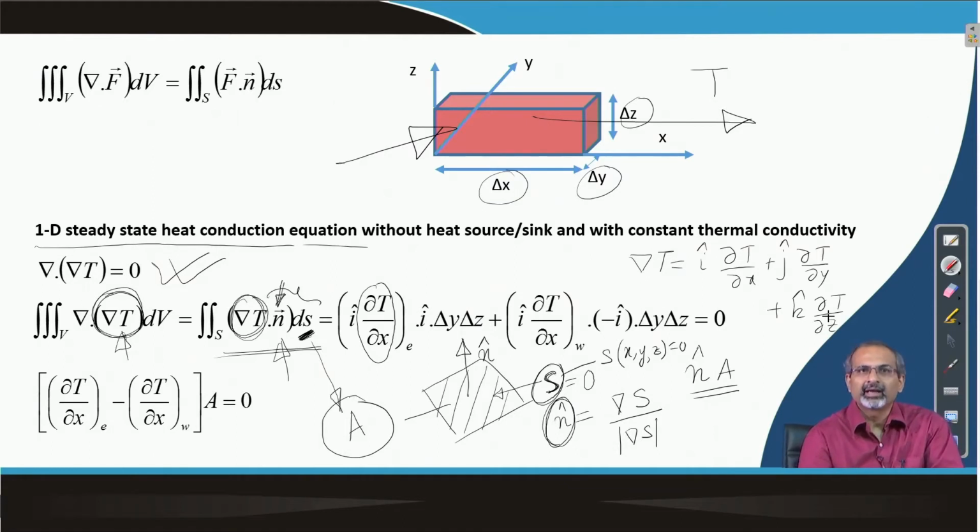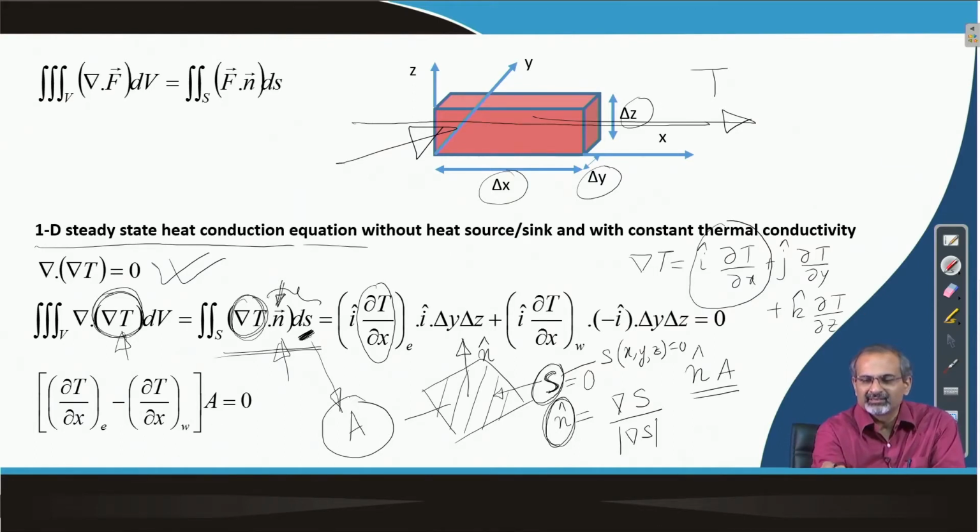However, you do not have any y or z dependence of T. So, the only term that contributes is this term, i del T del x, and what we have done here is that we tried to figure out which are the faces along which there would be a contribution to the surface flux. So, what we understand is that there is a heat transfer going on in this direction, and then the flux can take place only through this face and the face here.